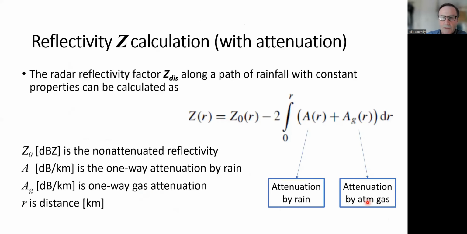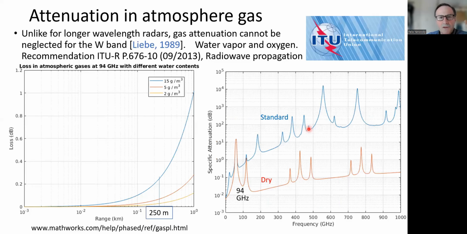Attenuation by water was shown in the previous slide, and here we show how we estimate the attenuation by gases. These are standard models, actually, approved by the International Telecommunication Union.